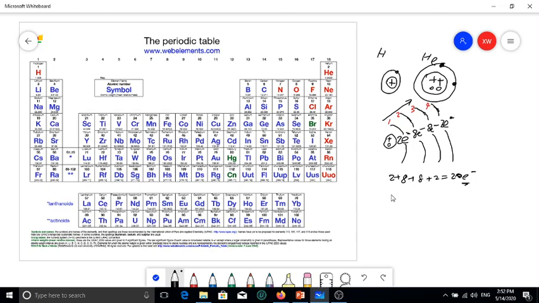Now since we know that the number of electrons equals the number of protons when they are neutral, which is also the atomic number, we can see the atomic number on top of each block on the periodic table. As a matter of fact, all of the elements on the periodic table are arranged in the order of atomic number from left to right, and then changing to the next row and going from left to right again.